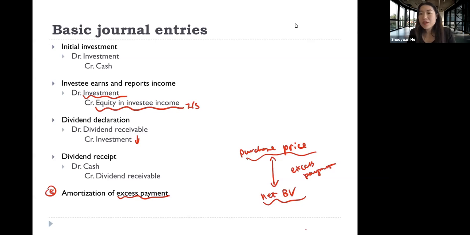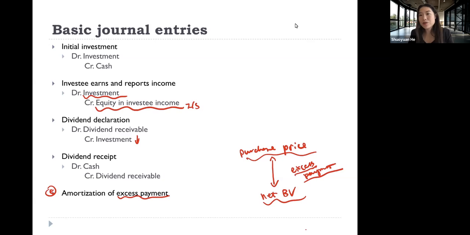And the rule under the equity method is if the firm is paying more than the net book value of the investee, this excess payment, if it can be identified, we need to identify and amortize. I'm going to talk more about this point later, but this is just what excess payment is.